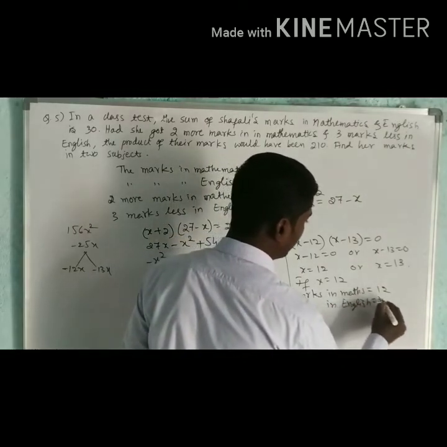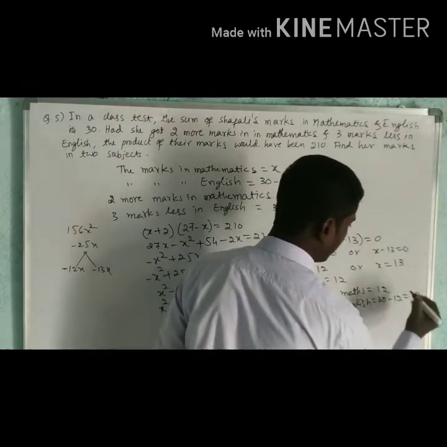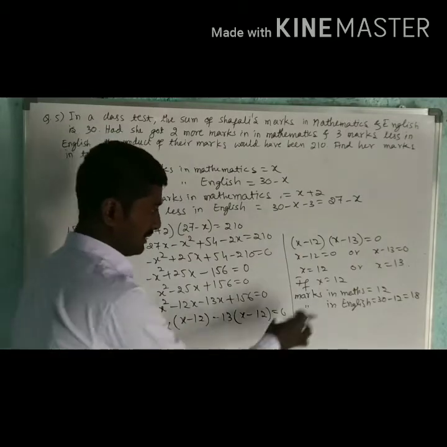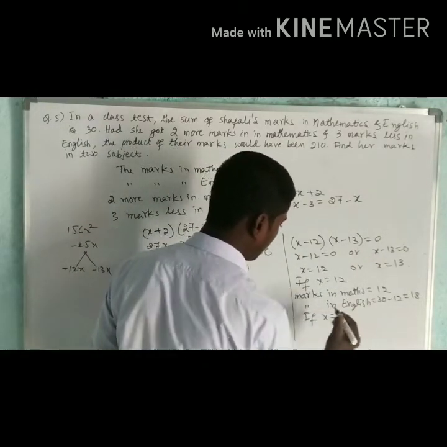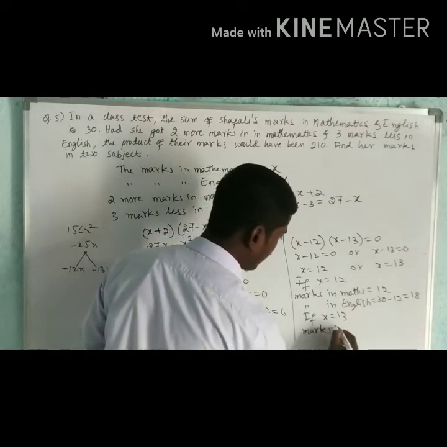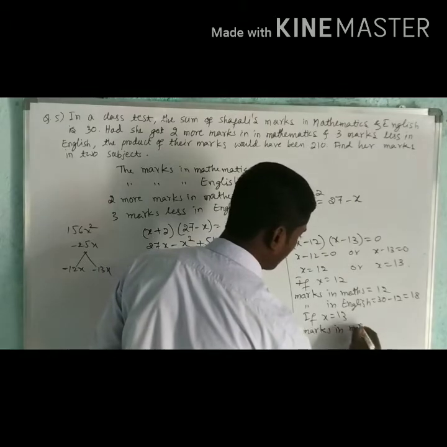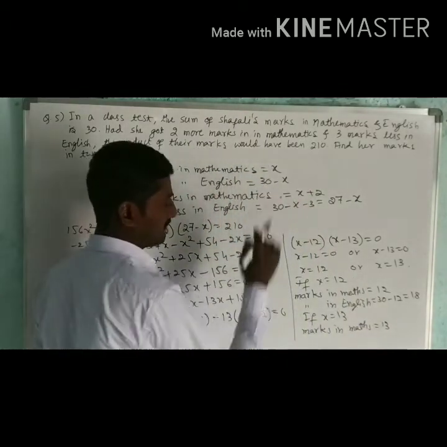That is 13 minus x. That is 13 minus 12, it is 18. If x is equal to 13, now marks in maths is equal to 13, that is x I have taken here.